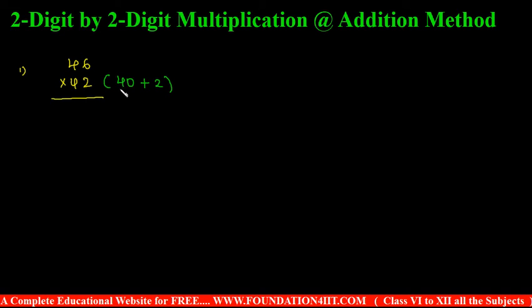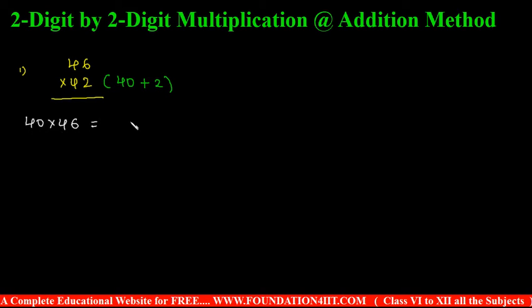40 you have already perfectly practiced with single-digit multiplication. 46 into 40 we will multiply first instead of 42 directly. This calculation should be done internally. 40 means 0, apart from the 0, only 4 to multiply. 4 into 46, this you practiced. 46 again splitting into 40 plus 6, multiplied with 4.